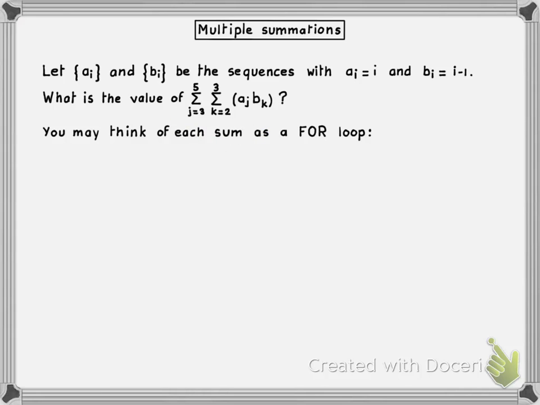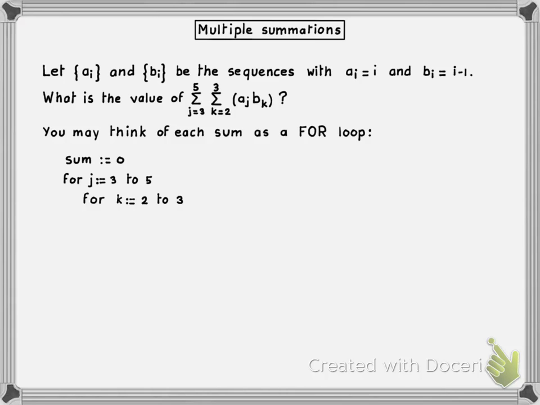So we're going to go from left to right. Of course, this is the outer summation, so we start with this one. j is going to have to go from 3 to 5. So let's say we initialize a running total variable sum to 0, and then we have a for loop for j. Now for each value of j, what this is saying is we need to compute a sum over k. So we have a nested for loop here for k, which goes from 2 to 3.